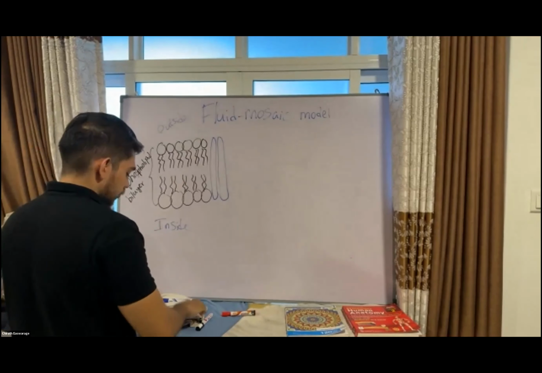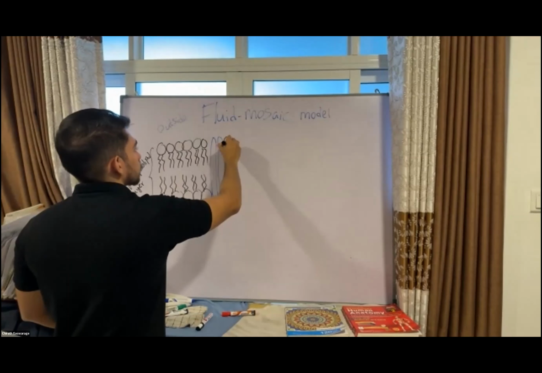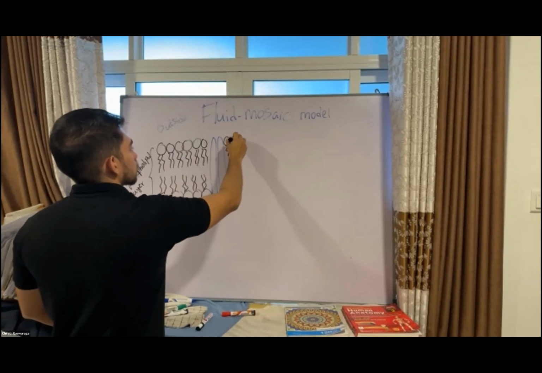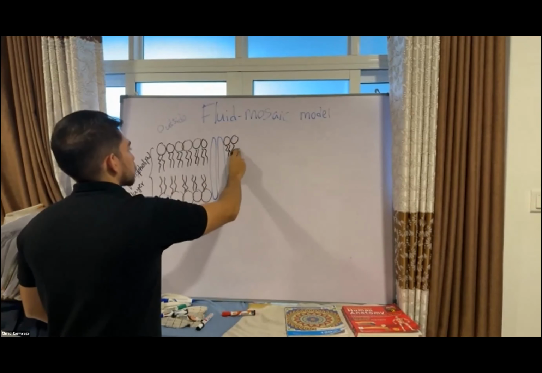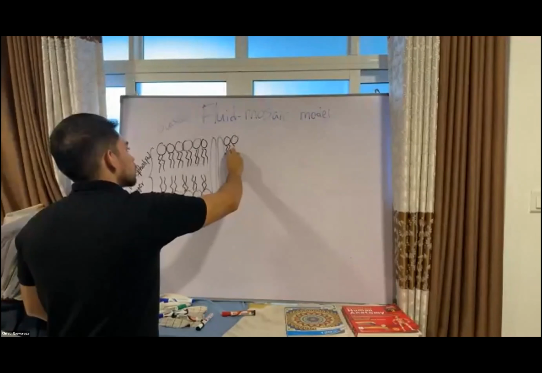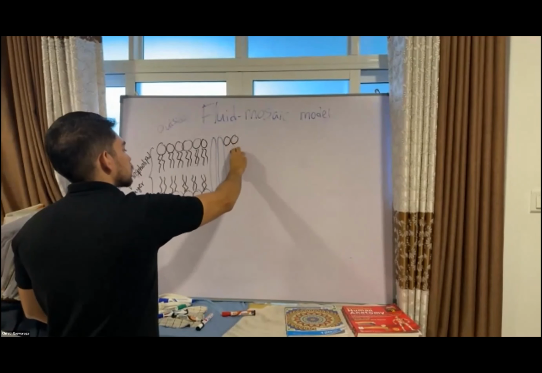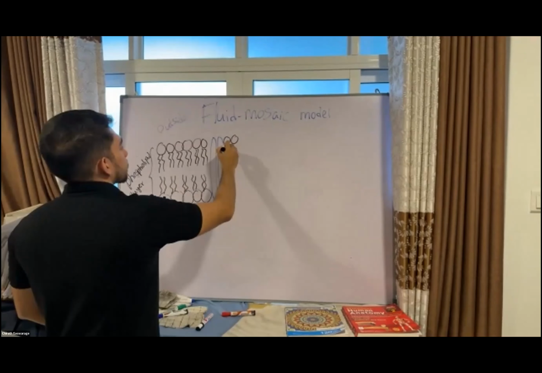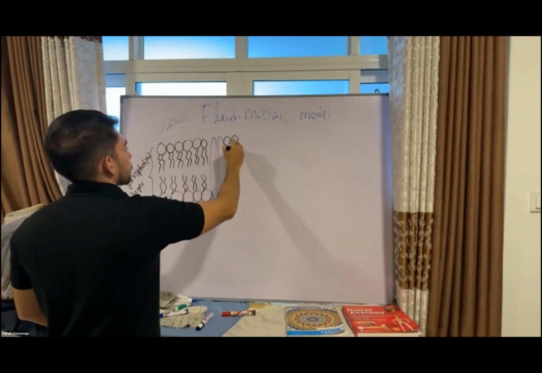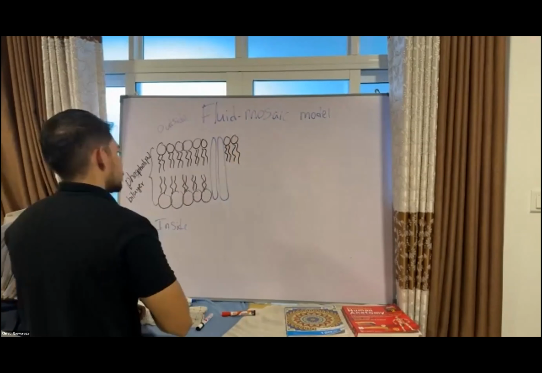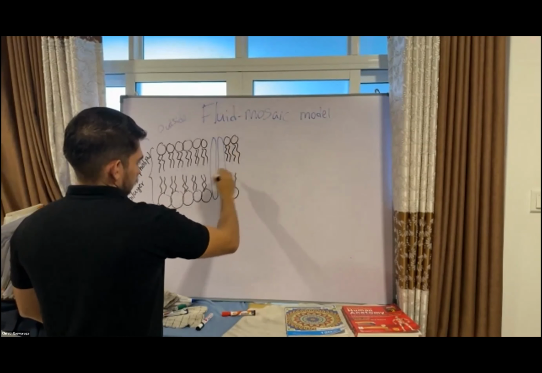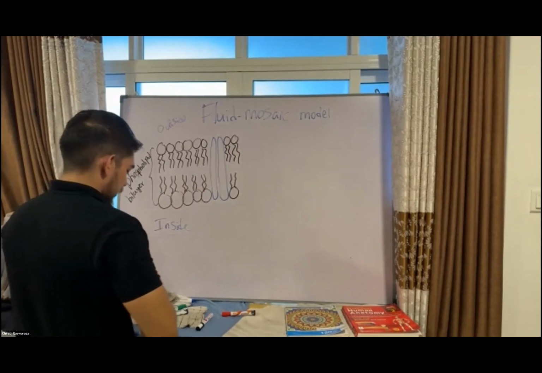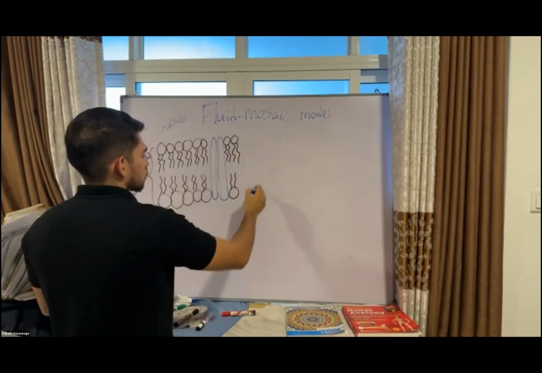Then I'll draw some more phospholipids. Bit longer, no? The tails are getting short. Then there are some proteins that are not that tall.